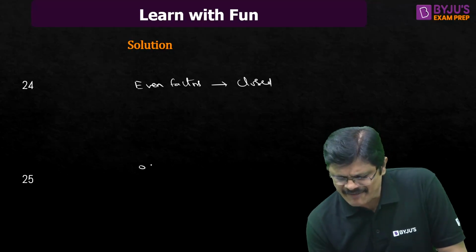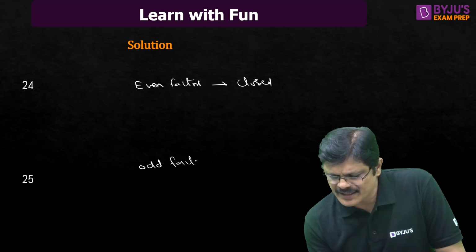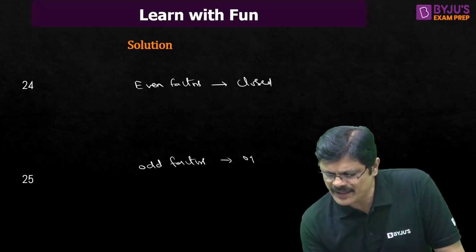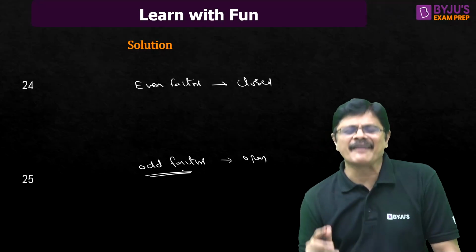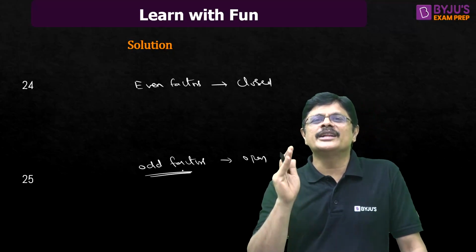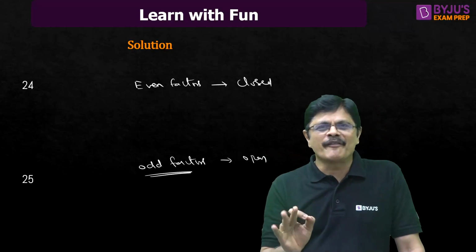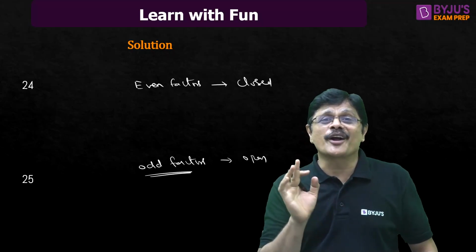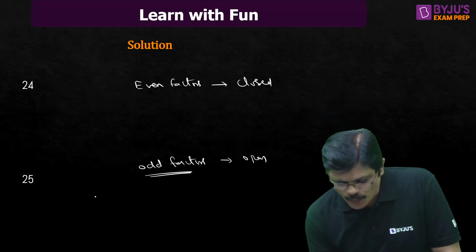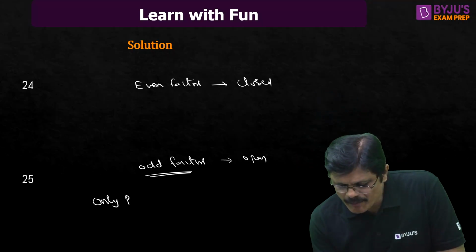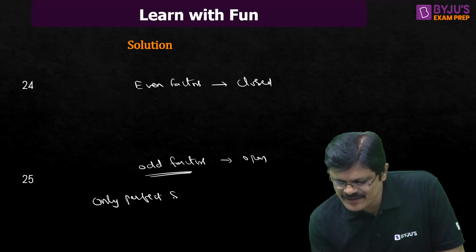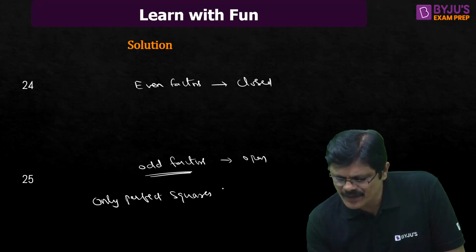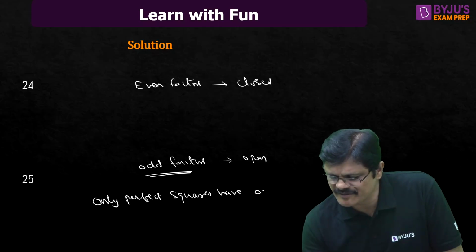Any number which has odd factors would be open. And what are the numbers which have odd factors? They are only the perfect squares. Only perfect squares have an odd number of factors.